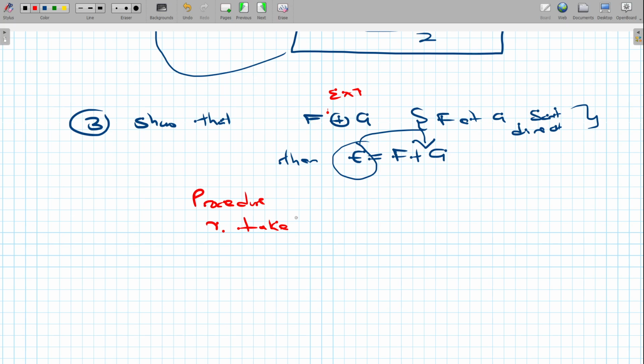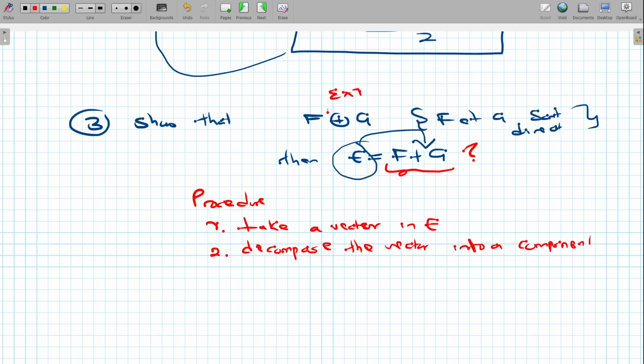We're only left with this part: that every vector that I take from E is going to be decomposed into a component of F and a component of G. So we take a vector in E, and then the second step is to decompose the vector into a component.